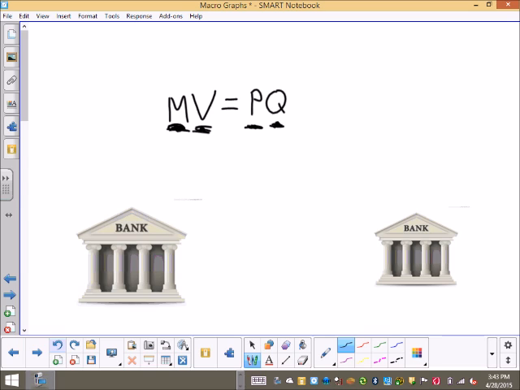If one stays the same and another changes, what has to change? Velocity. It needs to balance. This isn't like hard chemistry equations you need to balance. It's just this kind of stuff. All right, so that's a monetarist ideal. Now, one thing that you should also know about this is what monetarists think of fiscal policy.